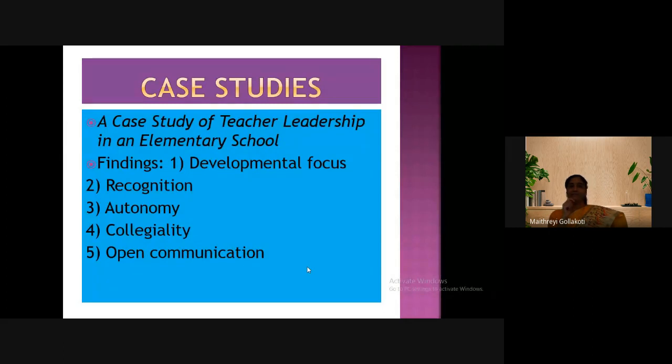Yeah. The next case study is a case study of teacher leadership in an elementary school. This they have done at the elementary level of education. And what they found out was developmental focus.